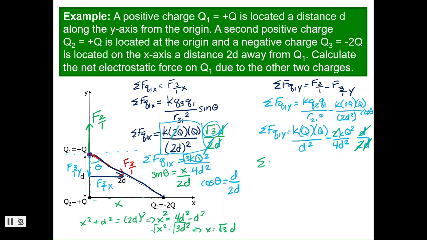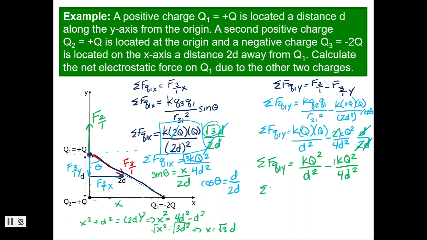So I get my net force of q1y is going to be kq squared over d squared minus kq squared over 4d squared. So that's like 1/4.